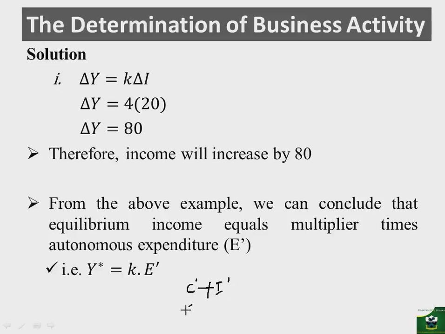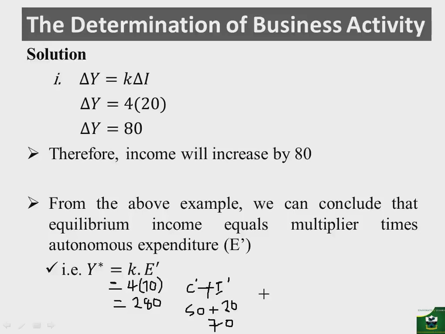This part there was 50, and this other part here is 20. If you add these two, you will have 70 here. And now that we know the size of our multiplier, which is 4, it means that equilibrium income here will be equal to 4 multiplied by 70, the 70 being the autonomous expenditure, and this will simply give you 280.